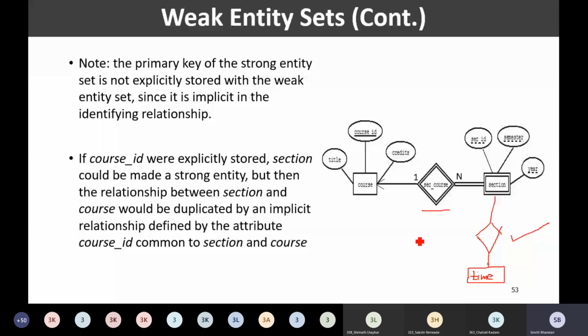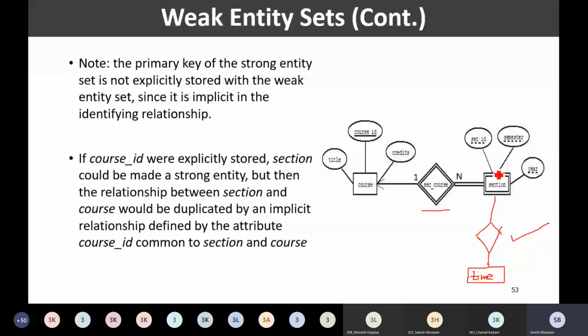Now, one more concept that I am going to illustrate. It is also possible to have a weak entity set with more than one identifying entity set. I'll repeat. It is also possible that the weak entity set is associated with more than one identifying entity set. What do we mean by that?